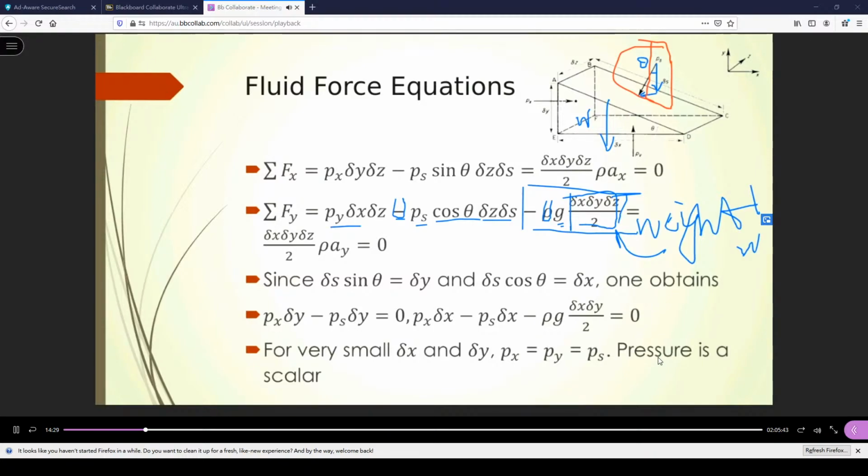Second is the force acting downwards on the inclined plane ABCD, and then the weight of the fluid. And of course, the fluid is at rest, and therefore the acceleration is 0, and therefore the total force in the y direction is 0. So far so good.